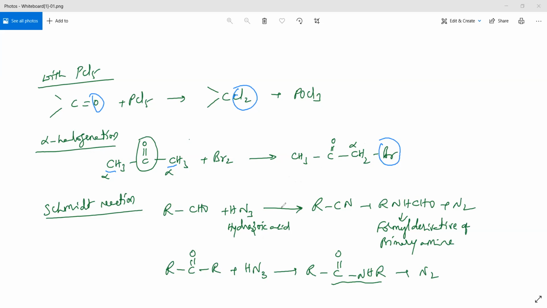And the Schmidt reaction, very important. So this is hydrazoic acid, N3H. What is it?